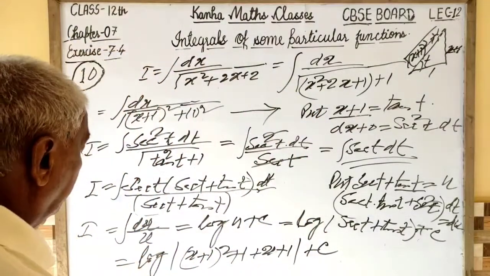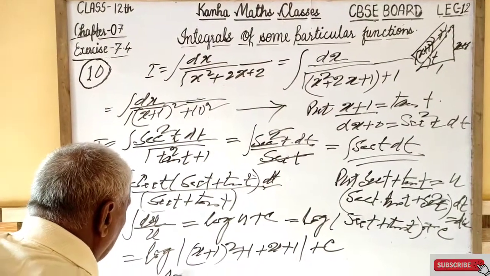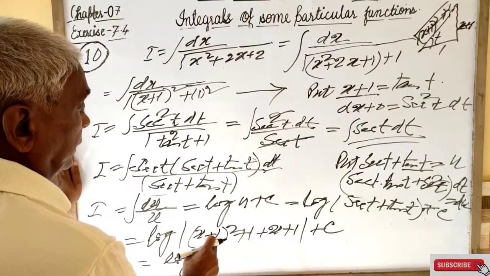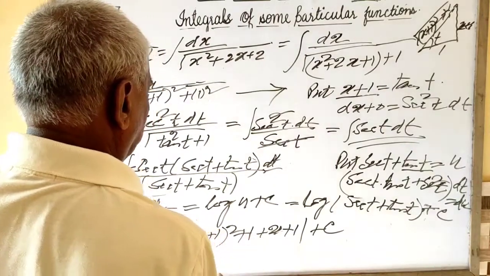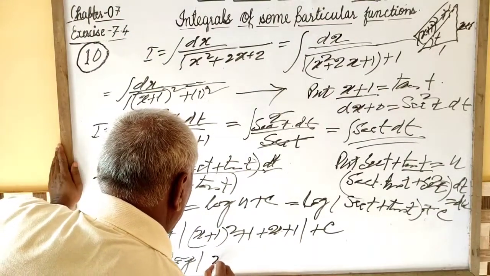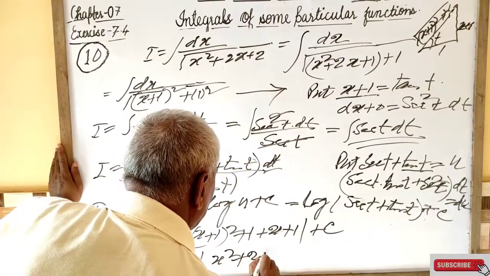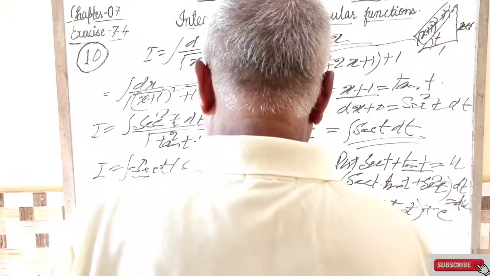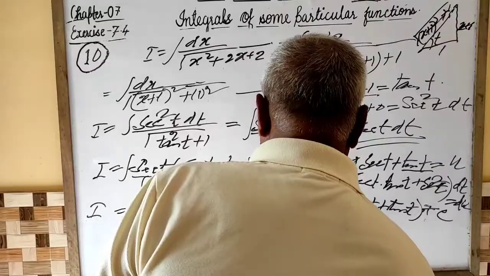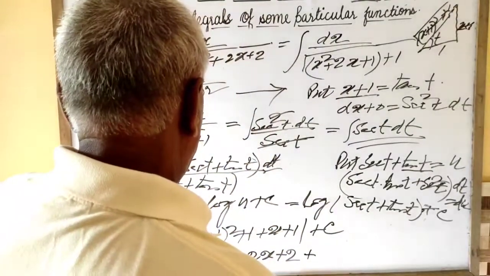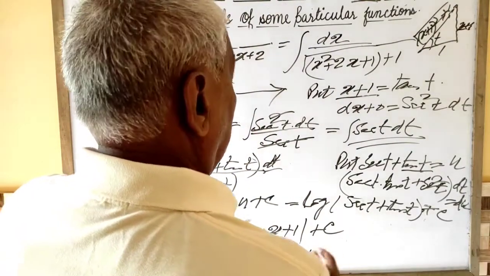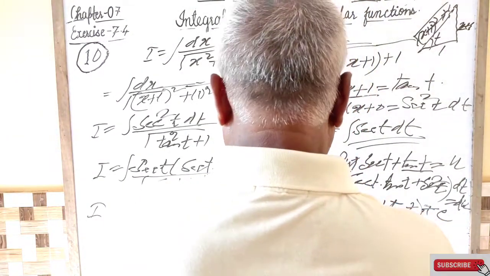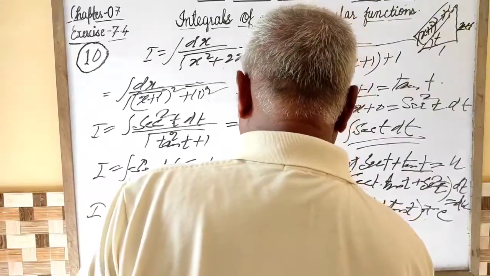Most clearly we will write this as log of under root x plus 1 whole square, x square 2x plus 1 and plus 1 becomes 2, so this will become x square plus 2x plus 2, and tan t means x plus 1.